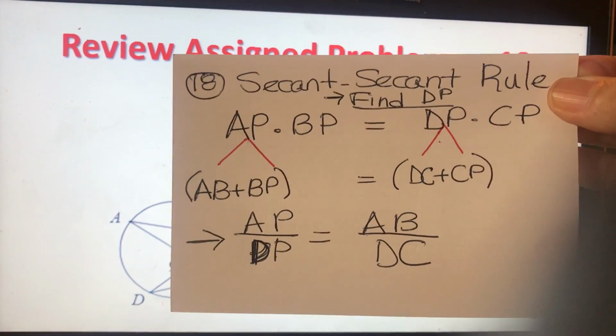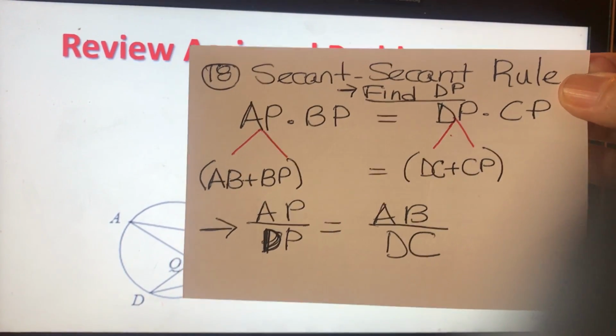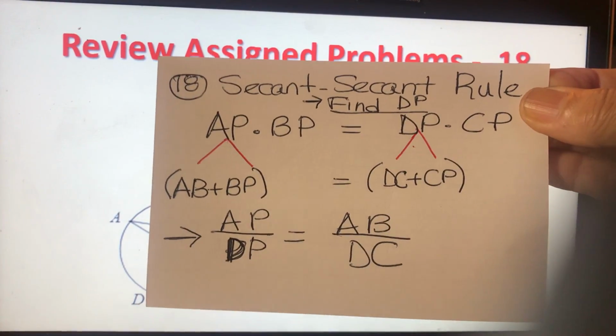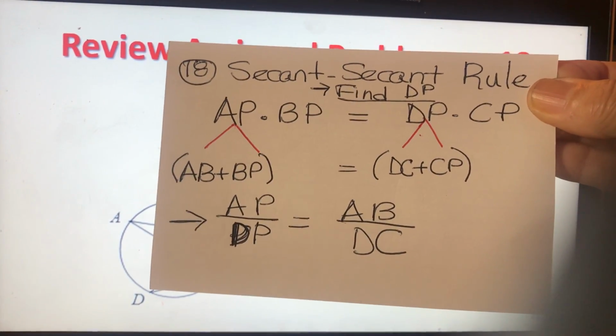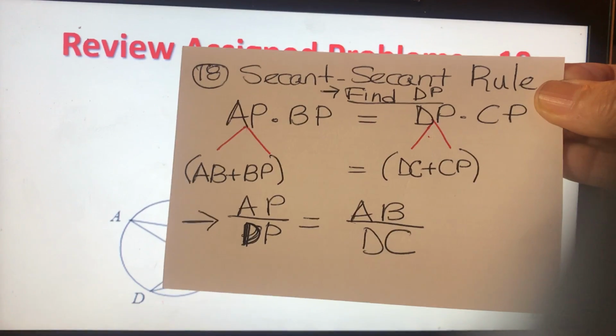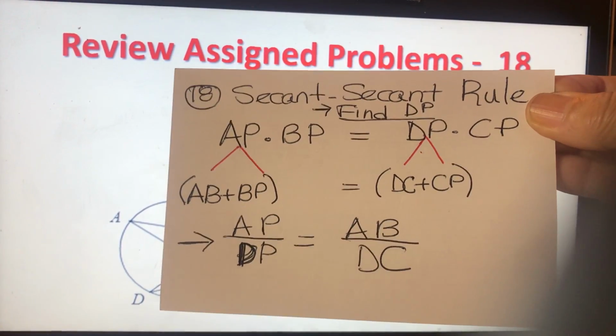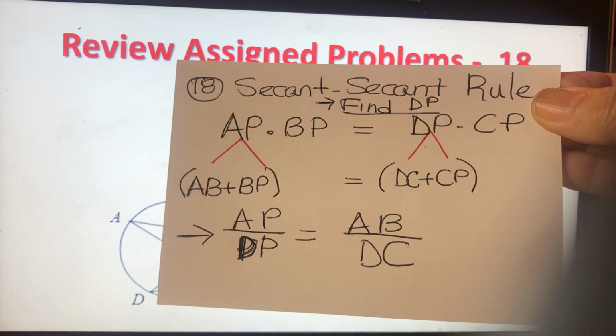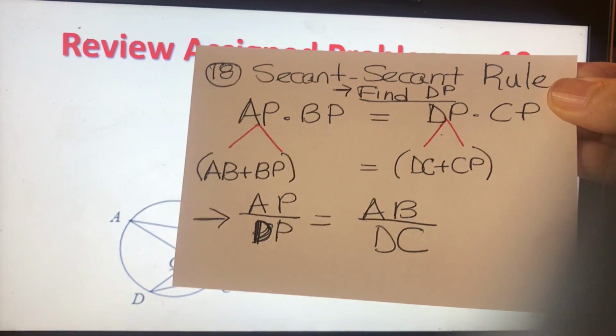That means that AP is equal to AB plus BP, and DP is equal to DC plus CP. Again, establishing a proportion, we can say that AP is to DP as AB is to DC.